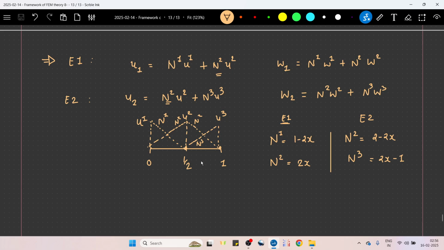If I put x equal to 1 by 2 here, this is for element 1 only, I get 0. So n1 is 0 at the remaining node, that means node 2. So these functions satisfy our requirement.